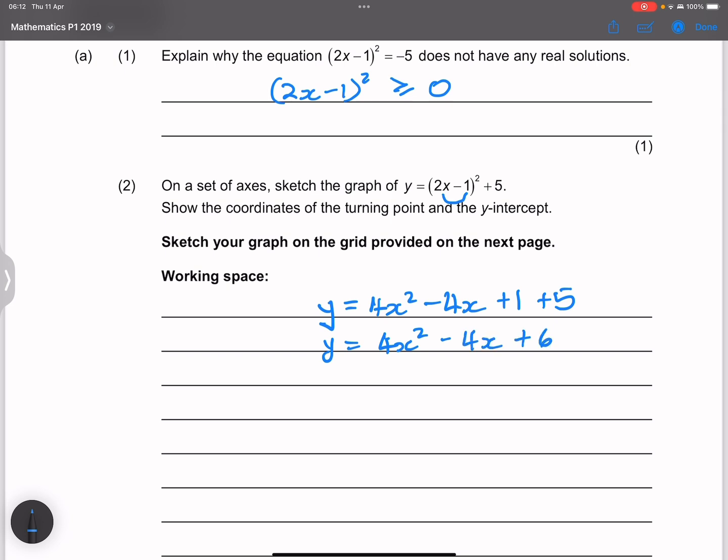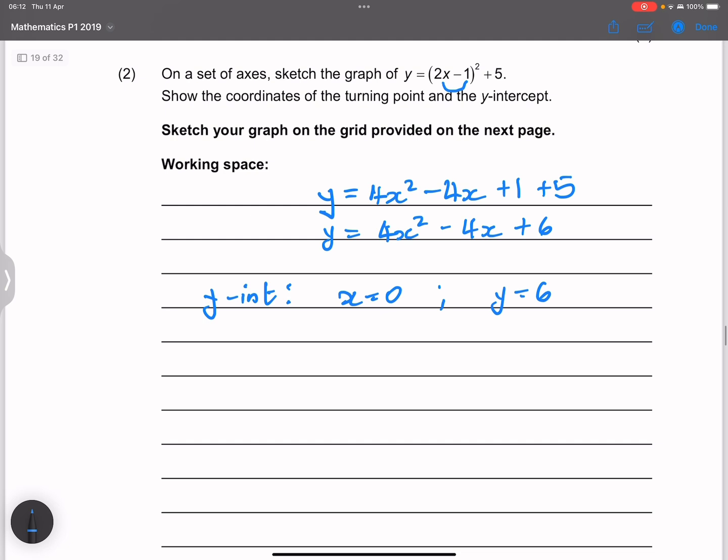All right, so first of all, I know that already my y-intercept is going to be where x is equal to 0. If I substitute 0 there, my corresponding y value is 6. And I know I won't have any x-intercepts in this case. So what I'm going to do is find the turning point.